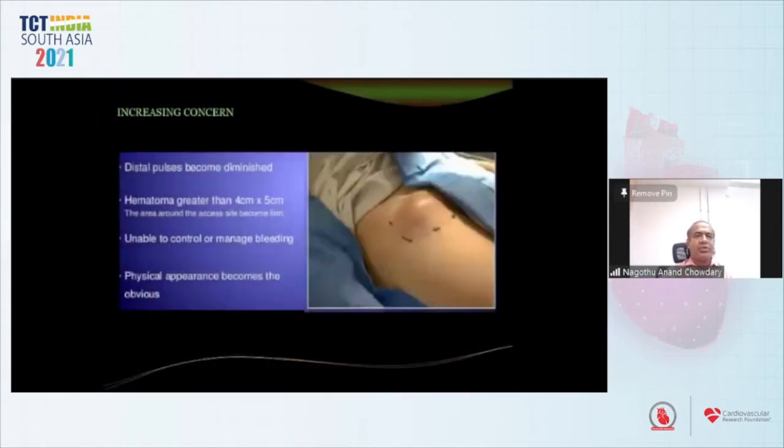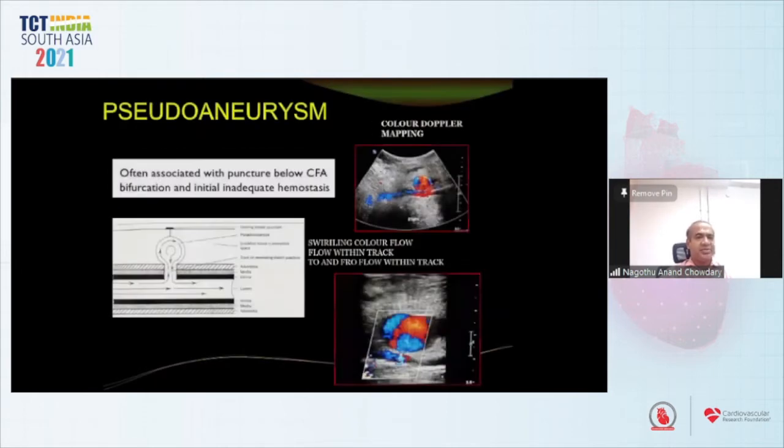Now, coming to the patient presentation. This is a typical hematoma where you can see groin swelling, tenderness, and redness, and bruit and thrill can also be seen in pseudoaneurysms. Increasing size is of concern, and there should be timely intervention in these patients.